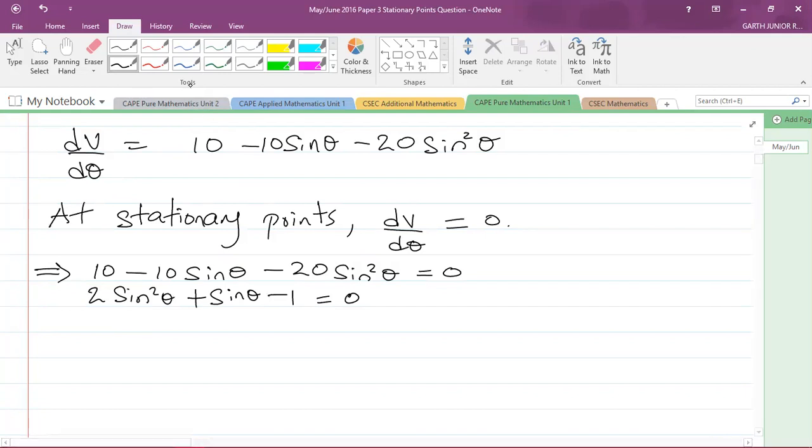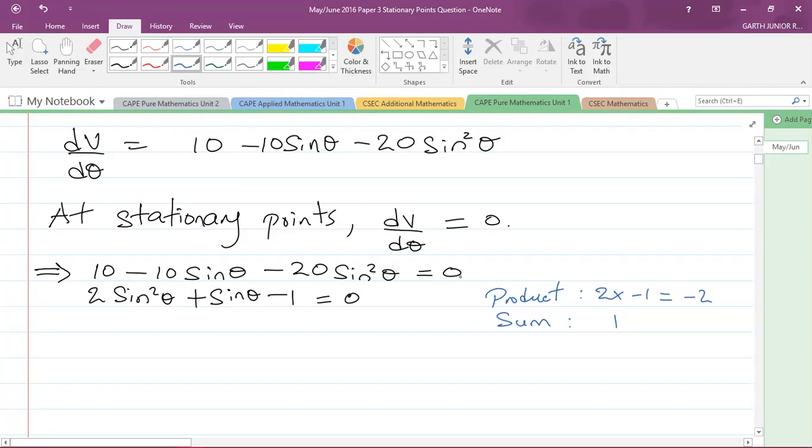Great. So let me just write some stuff here. The product is going to be the multiplication of 2 and negative 1. So that's 2 multiplied by negative 1, which will give me a negative 2. And I need a sum of 1, right? 1 is the coefficient of sine theta there.